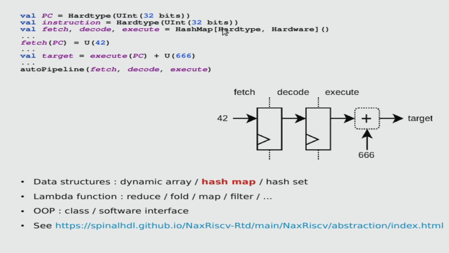So it makes a relationship between the hardware type and the hardware signal in the netlist which instantiates that hardware type in the given stage. Then you can access those hardware types in the stages that you want. And finally, you can ask some software algorithms to automatically pipeline things between those hashmaps.